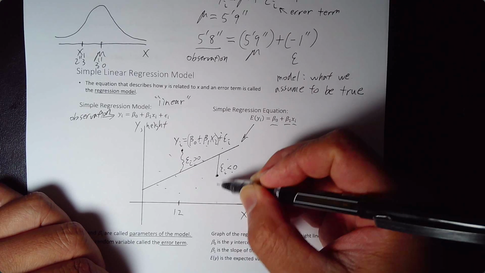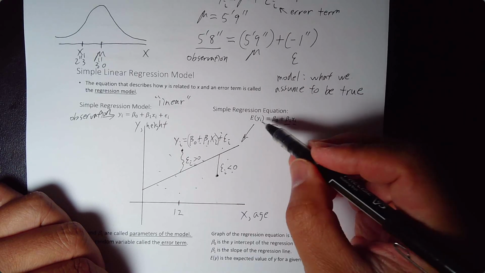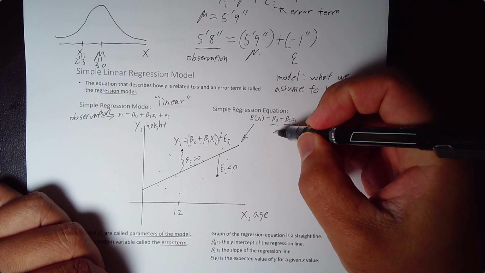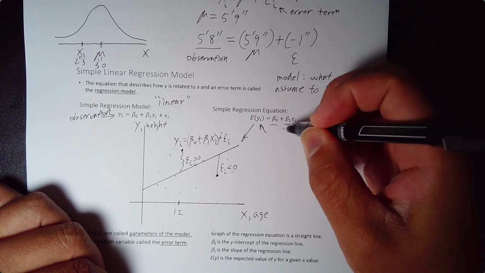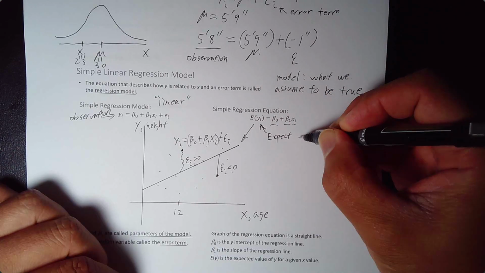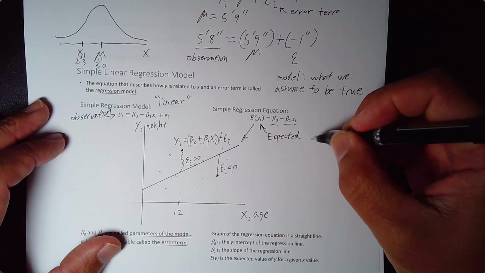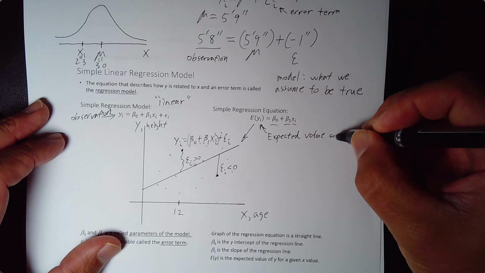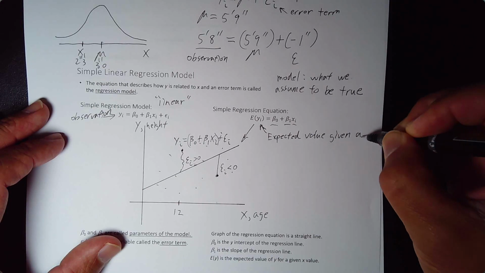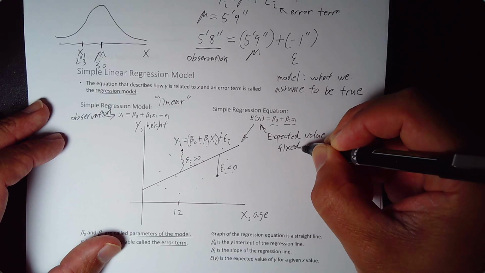Now another thing to say: for this we use the notation expected value. So this here is the expected value given a fixed xi.